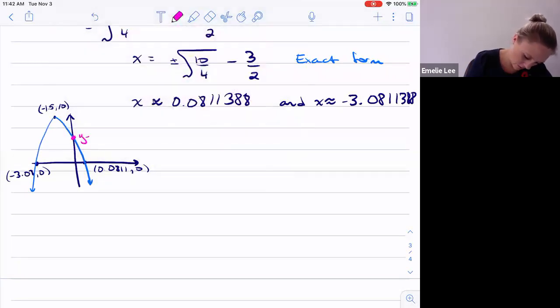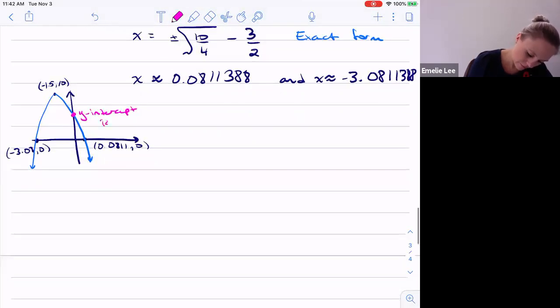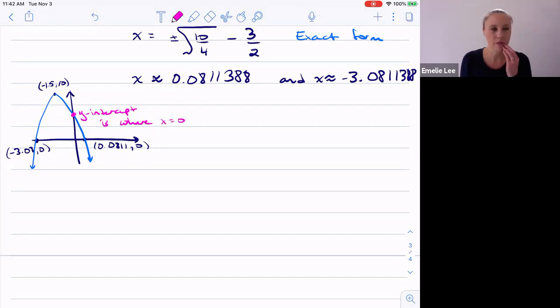The y-intercept is where x is equal to 0, right? So we have to solve for y where x is 0. We'll always have a y-intercept. So here we go, where x is equal to 0.